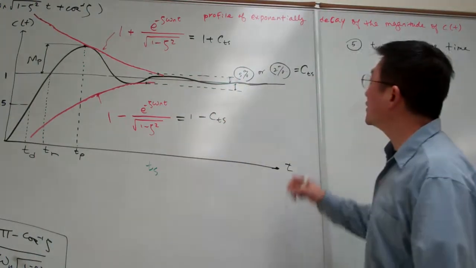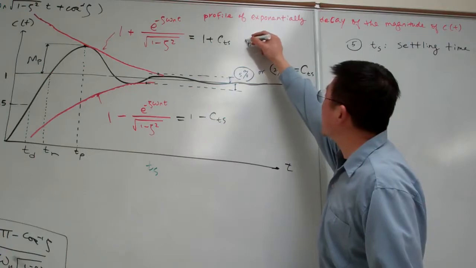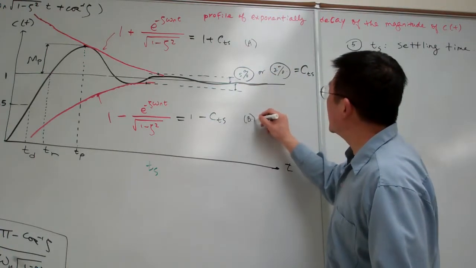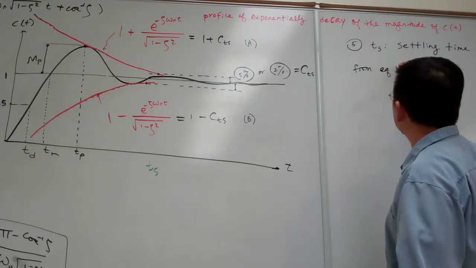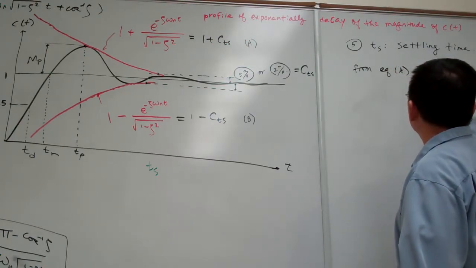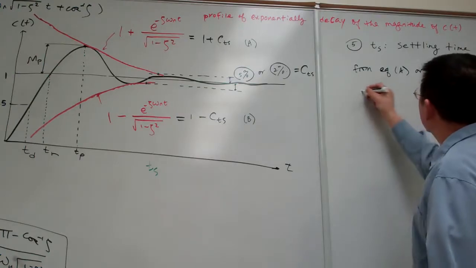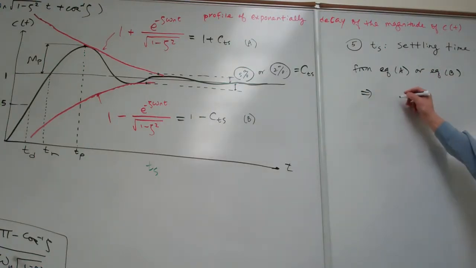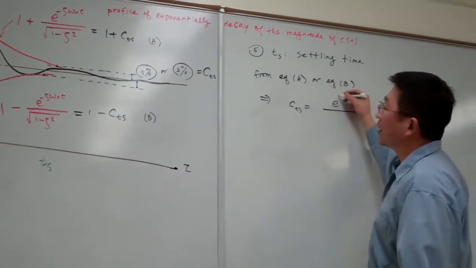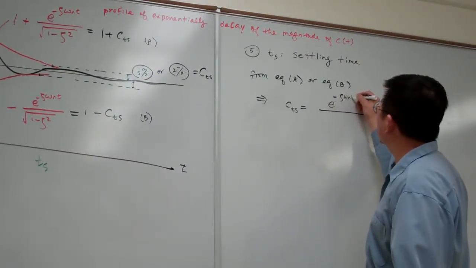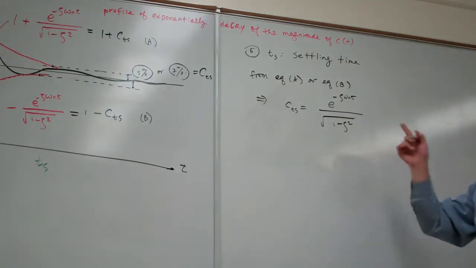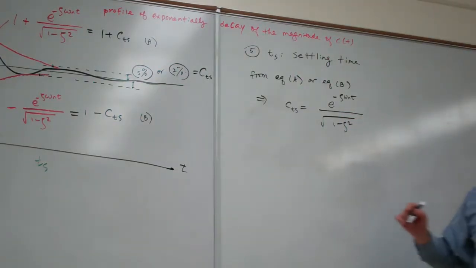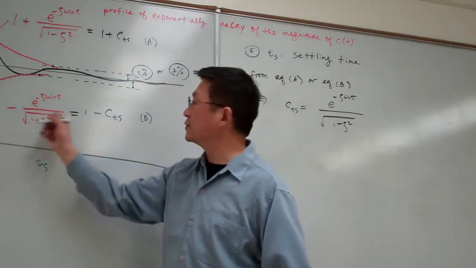So from here you can see, either by equation A or equation B, we can always see that CTS equals this number times e to the minus zeta omega n t. Both equations will give the same result if you look at both sides carefully.